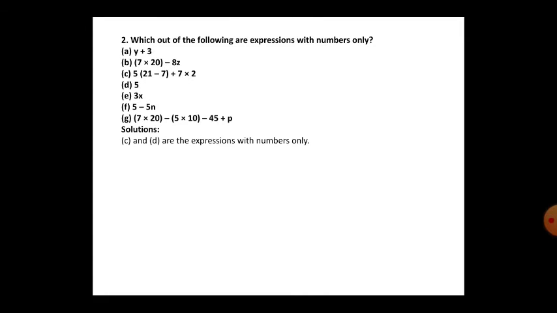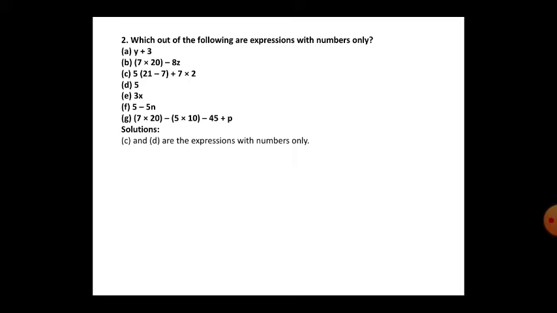Which out of the following are expressions with numbers only? See here, expressions. What is the question? Which expression here contains only numbers, that you have to identify. See here, so many expressions are given. So which expression has only numbers?